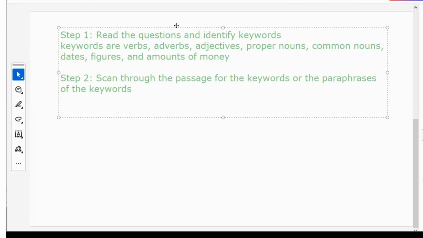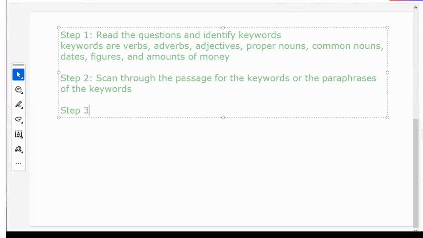If, for example, in the question I see food, in the passage, they may use words like meal. Those are paraphrases. So you scan through the passage and look for the keyword or the paraphrases of the keywords. That's step two.